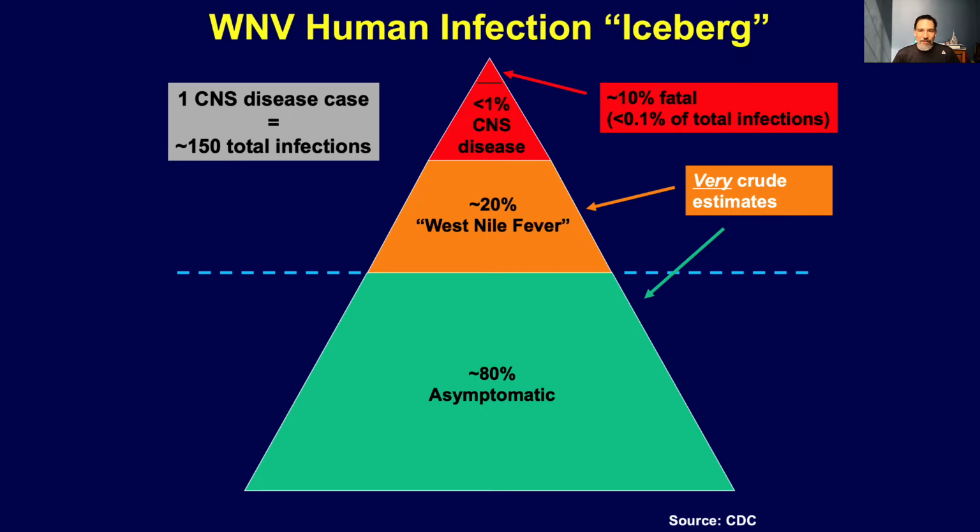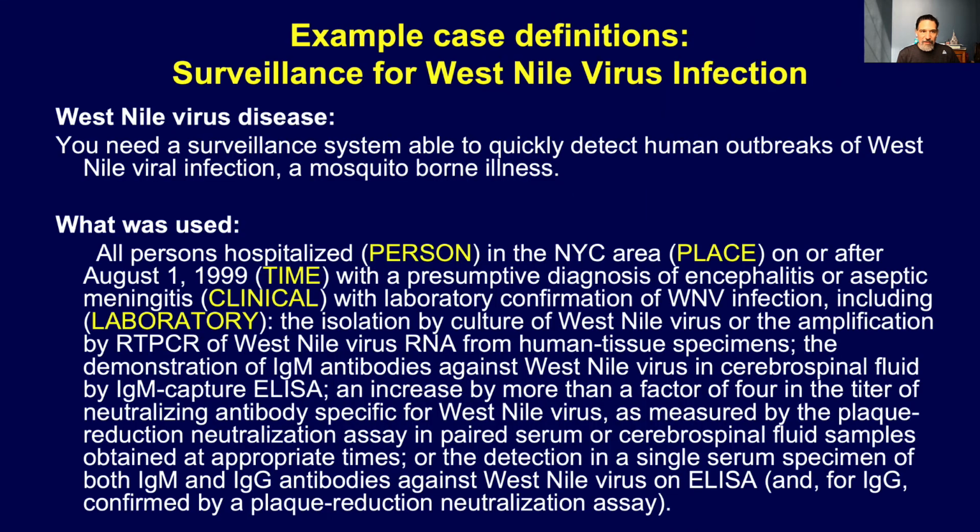And so you'll often see, as part of the case definition, not every single case of West Nile virus infection that's known, but the more severe cases as a means of tracking the infection and achieving the goals of the surveillance system.